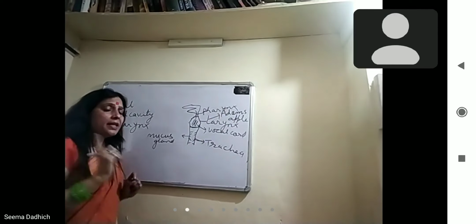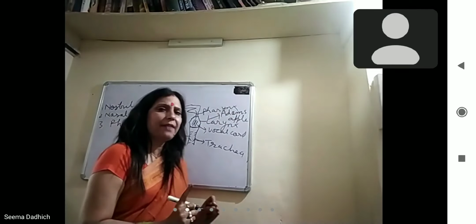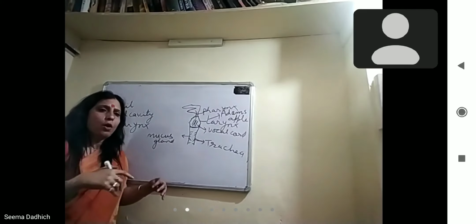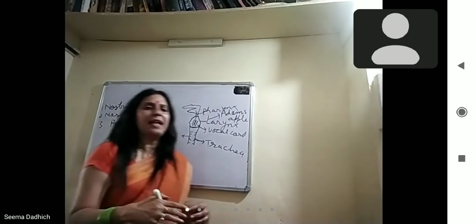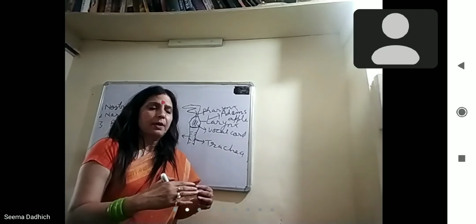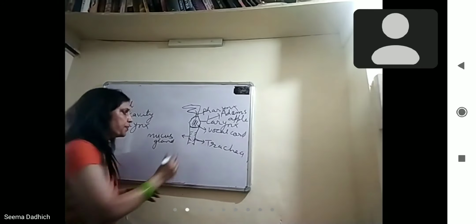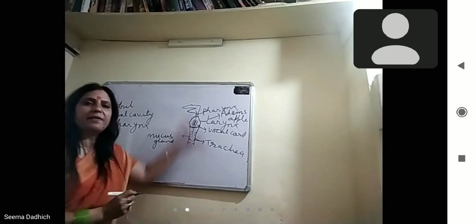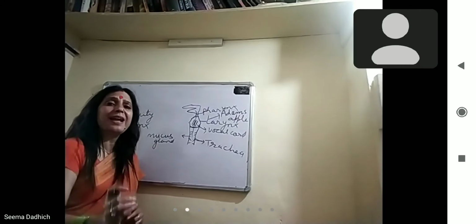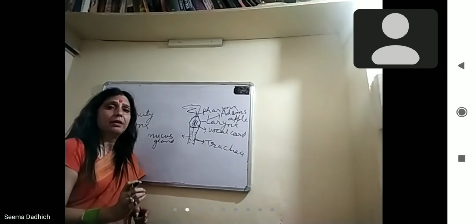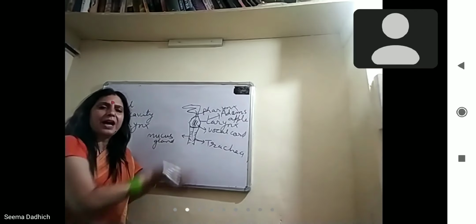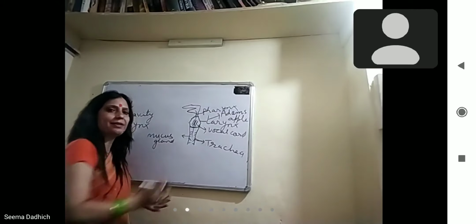Some dust particles are stopped in the nasal cavity. When air comes, the cilia continuously move, pushing dust particles and microbes to the anterior side, toward the nasal cavity. What is the use of the cilia and mucus glands in the trachea? They stop dust particles, and the cilia push dust and microbes toward the nasal cavity.